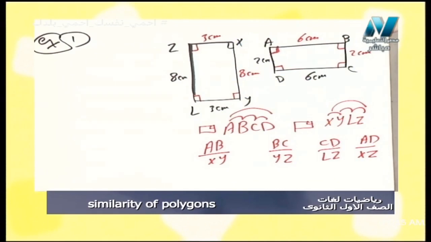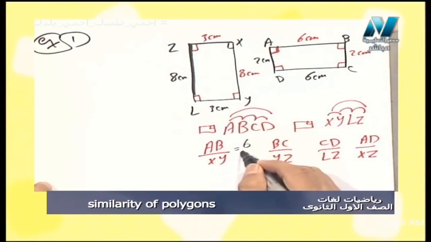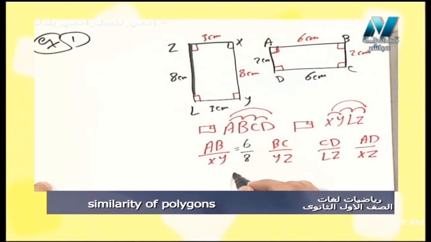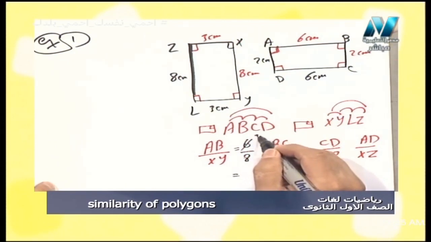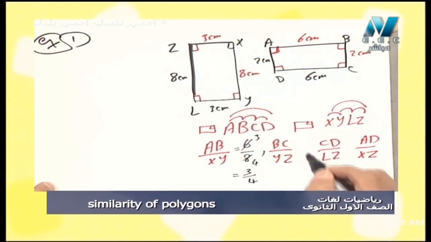So if we divide AB over XY, AB here equals 6 centimeters over XY equals 8. In simplest form, you can use a calculator, or mentally divide by 2: 3 over 4.